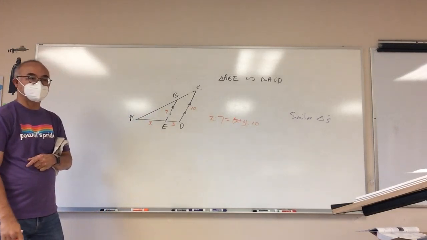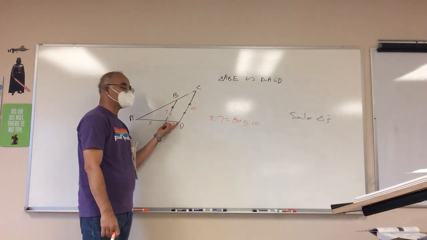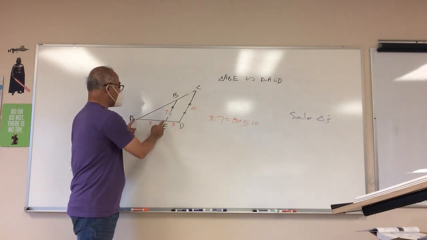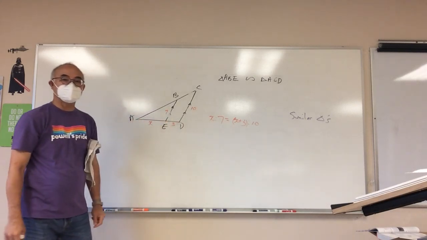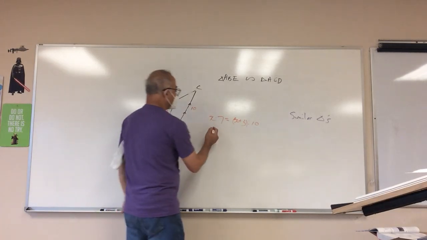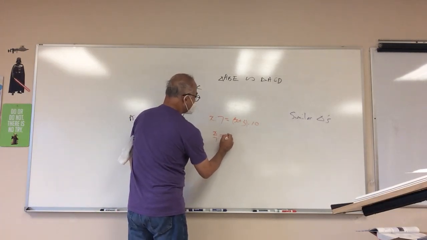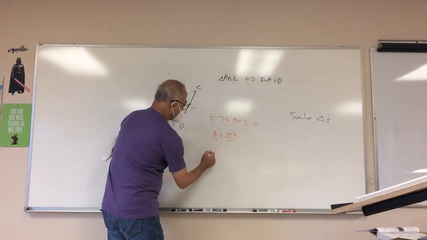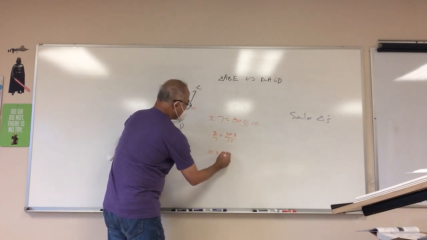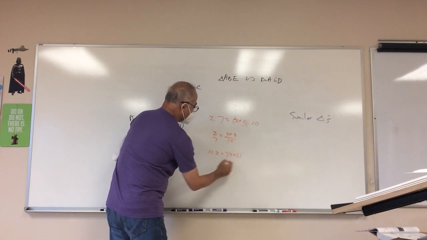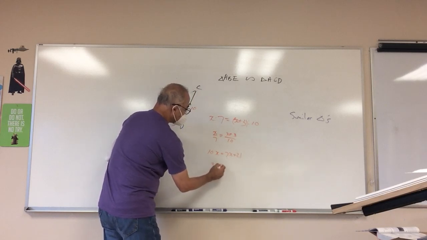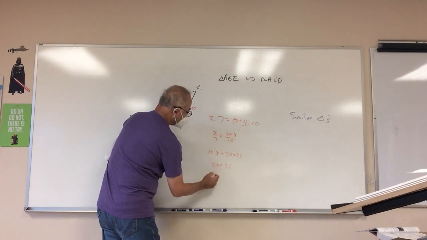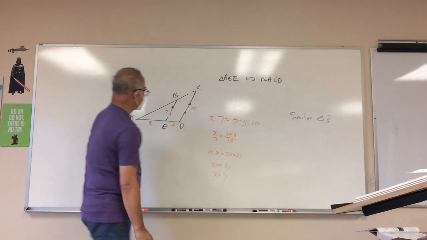Right? Again, they give you this little short thing, but you have to be able to understand that it's x to x plus 3. Okay? So I'm going to get x over 7 equals x plus 3 over 10. 10x is equal to 7x plus 21. 3x is equal to 21. x is equal to 7.